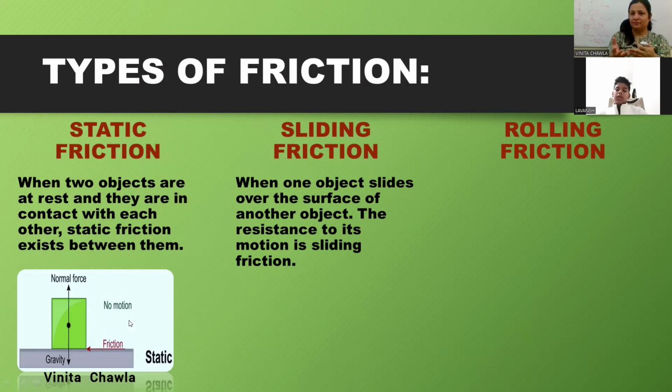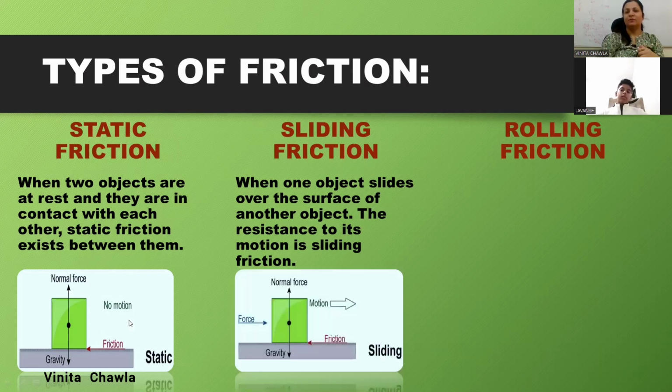When it starts moving, you can see that it is sliding over the surface of another object. We are applying force in this direction and the frictional force is acting in the opposite direction. The object is moving in the direction where we have applied the force.